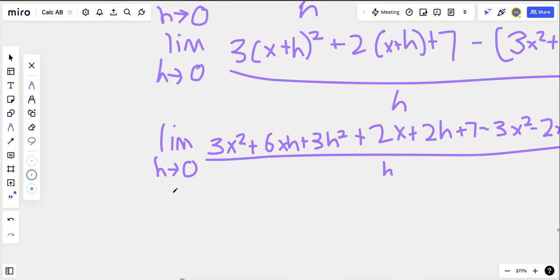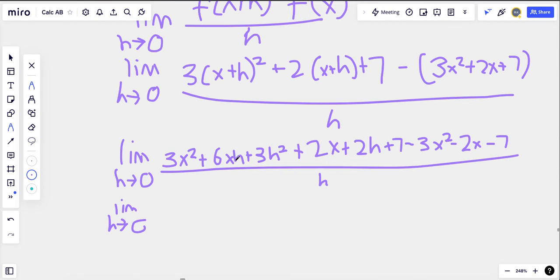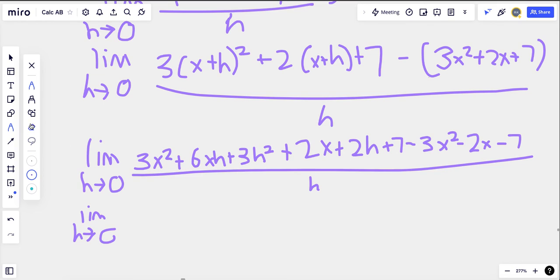Okay, now let's just simplify the top thing. Let's see, okay, so this and this cancel. Let's see what else cancels. This and this cancel. This and this cancel.